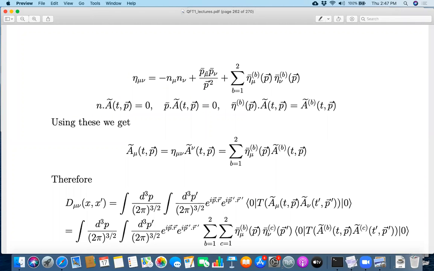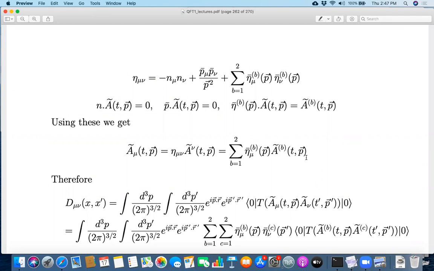The second term gives you 0 because it gives you p bar dot a tilde. So the only term that remains is this one. You get the sum over b equal to 1 to 2 of eta bar b mu times a tilde b. That's exactly what we had expected, because the a tilde b's are the only non-zero components of a tilde. This is basically saying that a tilde mu can be expressed in terms of a tilde b in this way.